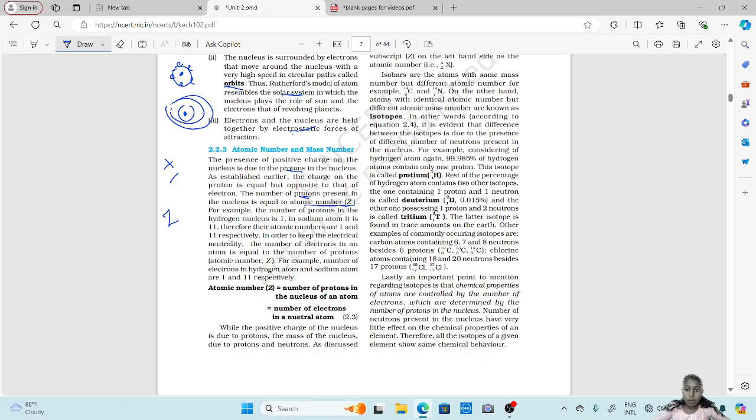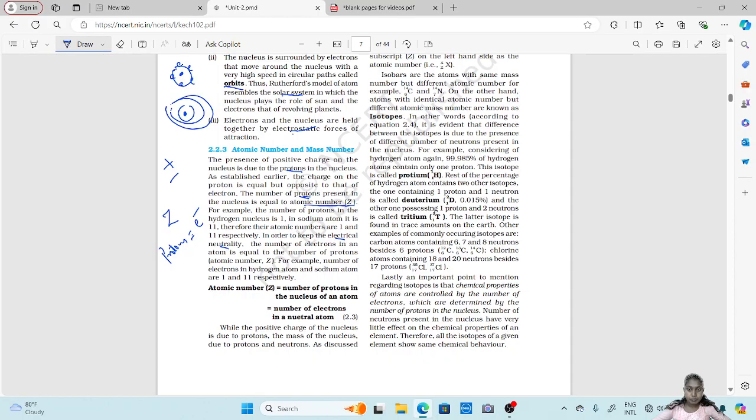In order to keep electrical neutrality, the number of electrons in an atom is equal to the number of protons. So both protons and electrons are present in equal number. If there are 11 protons, there are 11 electrons.